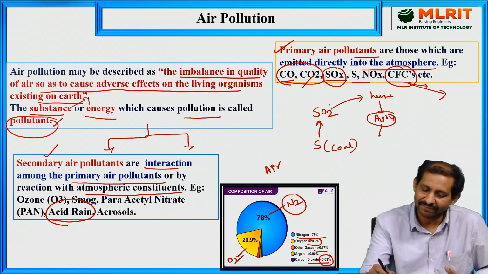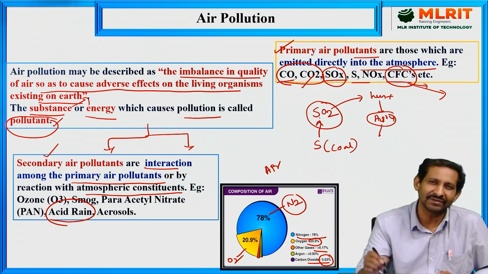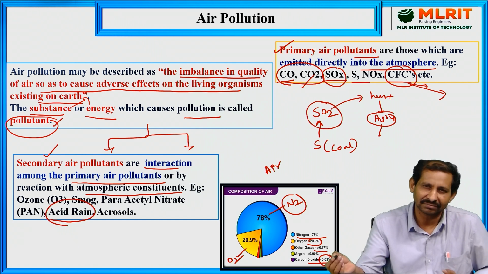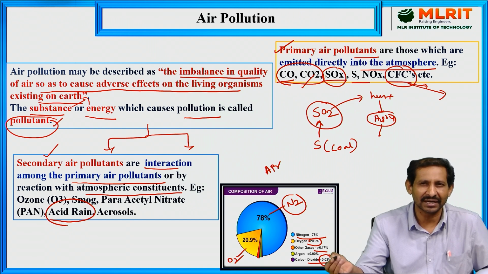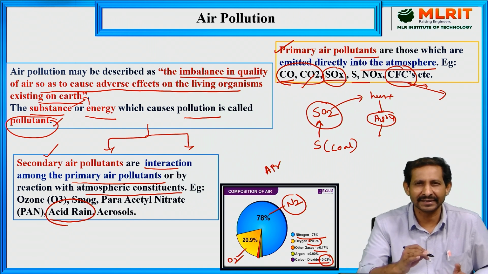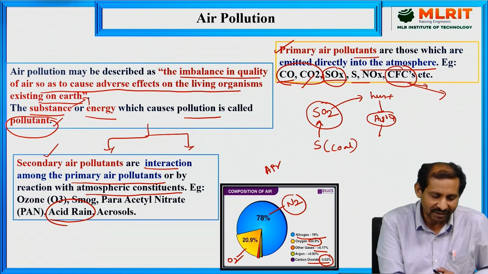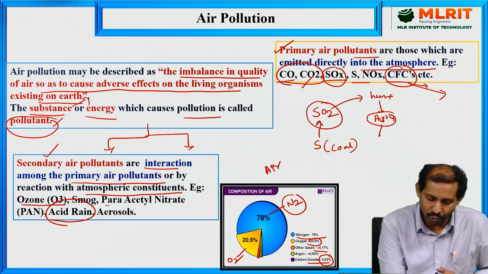So whatever the primary pollutant reacts with, atmospheric gases or other chemical sources in the atmosphere, combining or reacting to produce a new pollutant, is called a secondary air pollutant. Examples are ozone, smog, peroxyacetyl nitrate, acid rain, aerosols.